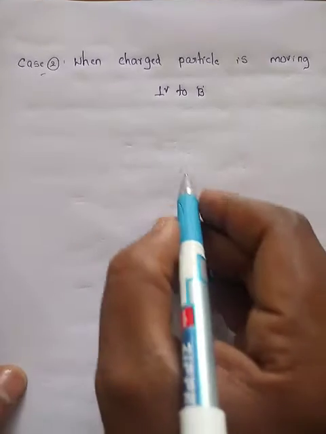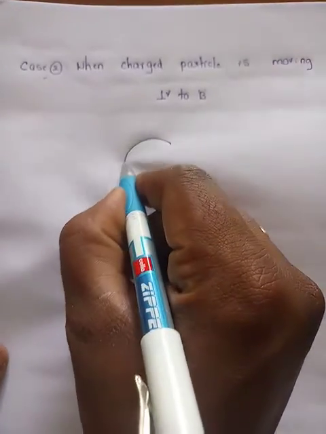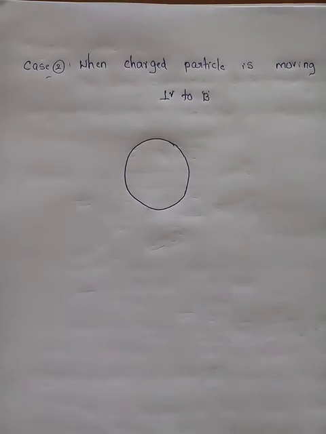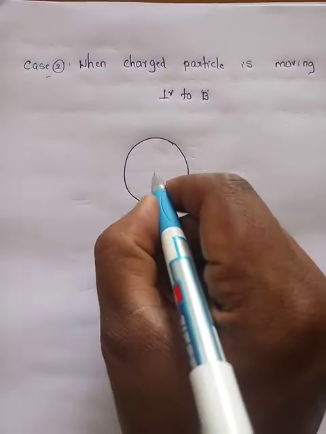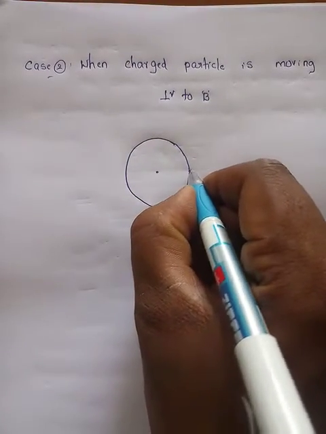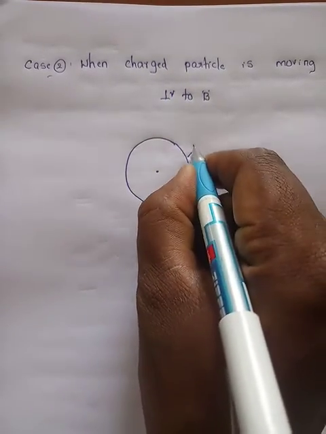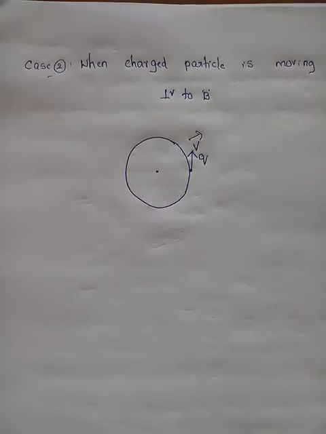So, let us see here. For example, this is the charged particle Q moving with velocity v in this direction.